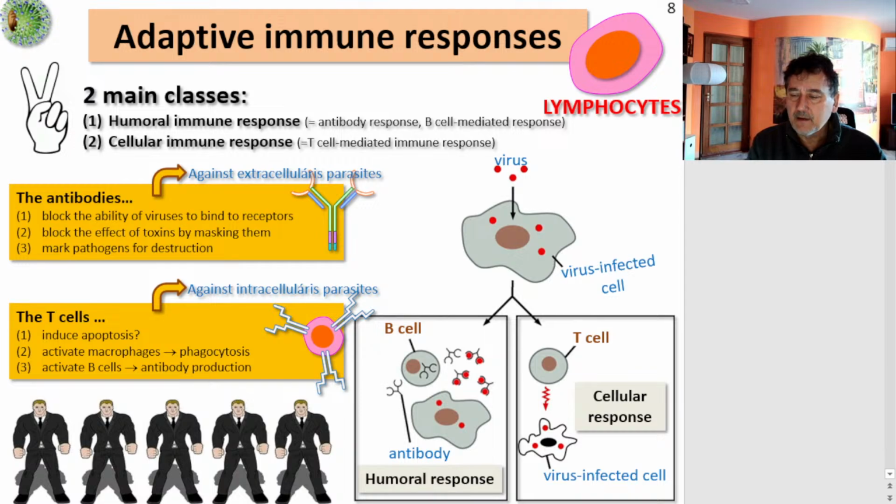So two different tasks, because the extracellular parasites are easy to recognize by the antibodies, and we will see soon how the antibodies play a role in the destruction of the bacterial cells.